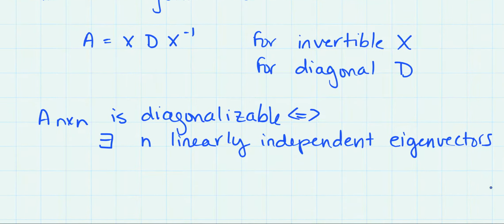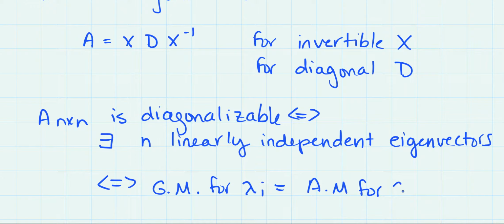And that's true if and only if the geometric multiplicity for lambda i is equal to the algebraic multiplicity for lambda i for all i. So if there are k eigenvalues, then for lambda 1, lambda 2, all the way to lambda k, the geometric multiplicity has to be equal to the algebraic multiplicity for the matrix A to be diagonalizable.